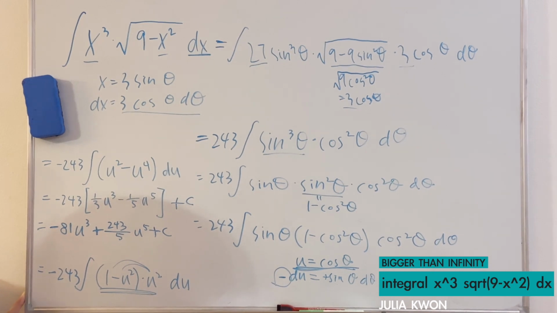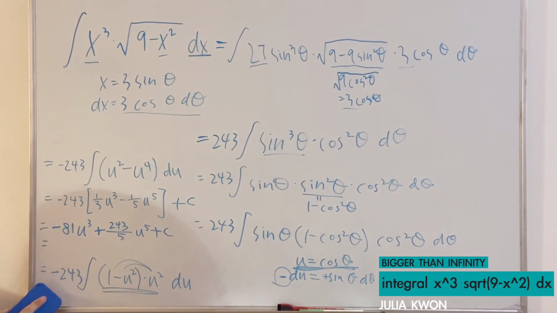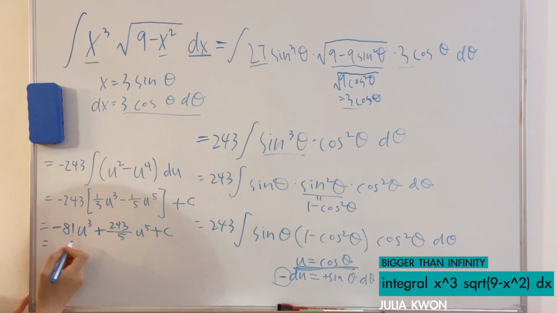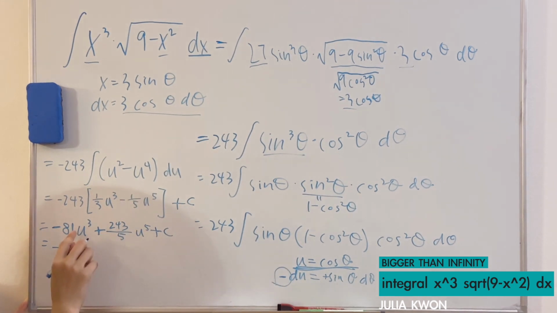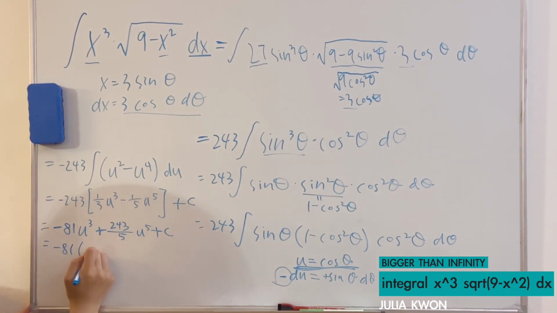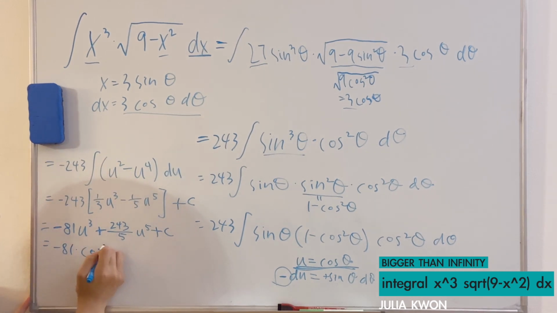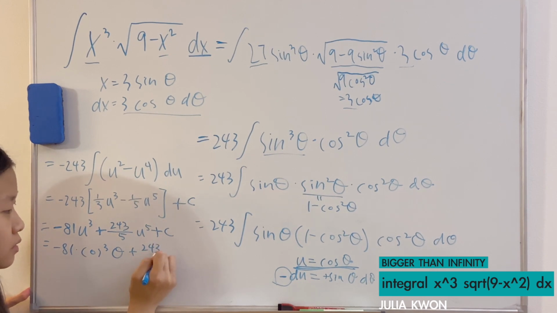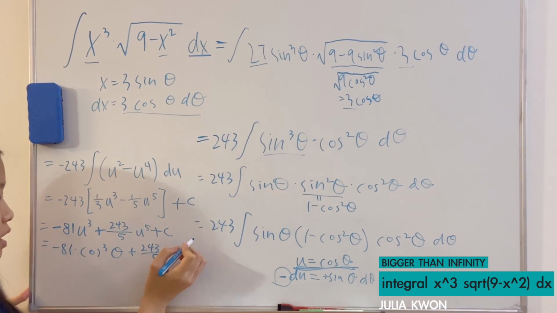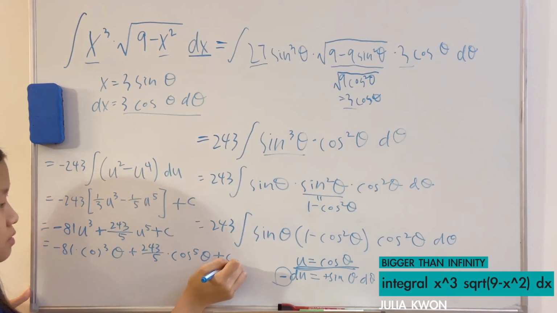Now we can substitute the u back in. If we substitute cosine theta for u again, then we would have negative 81 times cosine cubed theta plus 243 divided by 5 times cosine to the power of 5 theta plus c.